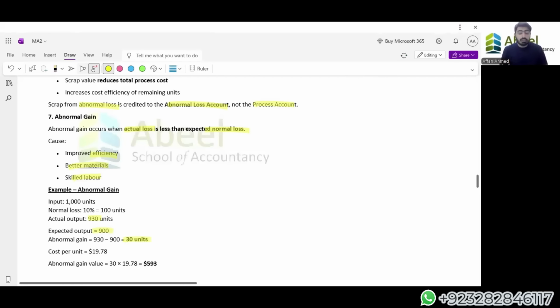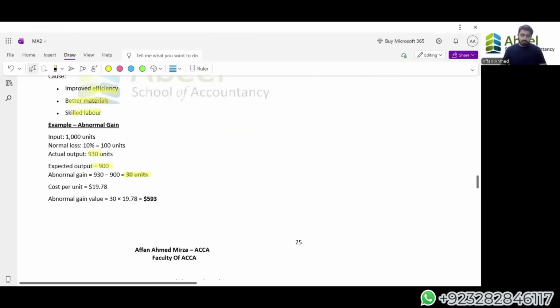So if we have 30 more units than we expected, this is a surprise for us. Now what will we do? We will benefit from it. We will sell these goods in the open market for the complete value that they hold, that is $19.78, right?